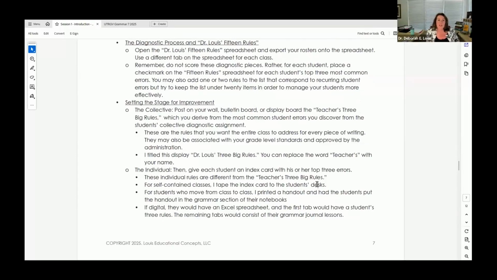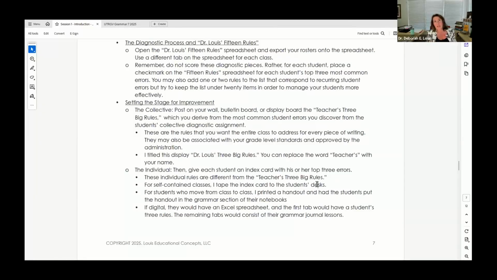So Ms. Rodriguez, you would say Ms. Rodriguez's 3 big rules. Ms. Perez's 3 big rules. Ms. Guerra's 3 big rules, right? And so you put your name, right? Ms. Barragan's 3 big rules. And these are the 3 big rules that all of your students are going to work on.